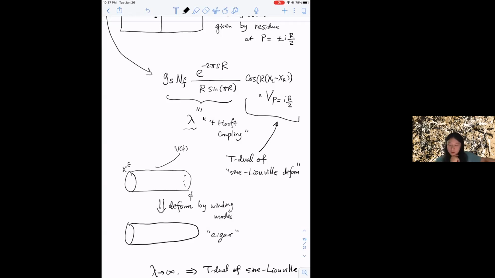Okay. Maybe I should mention one subtlety, which is an important subtlety, because sometimes people say that for the 2D black hole, you cannot change the temperature. You cannot deform the radius of the cigar.